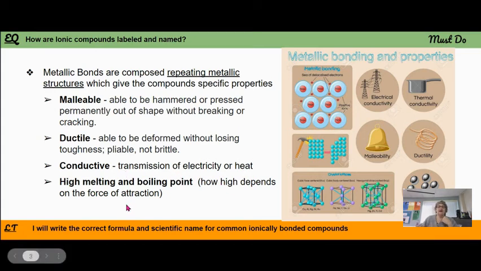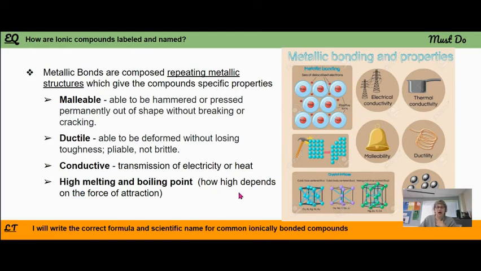The last is that they have high melting points and boiling points. So, if you've ever seen liquid gold, they have to heat it up in these huge furnaces, these big, huge blast furnaces. And so they have a very, very high melting point. Okay.